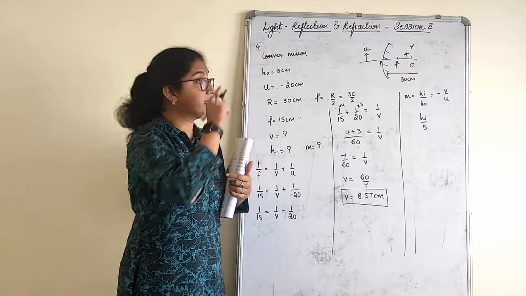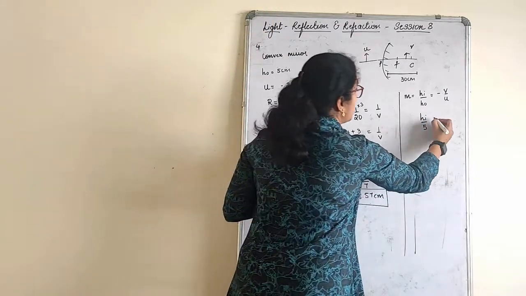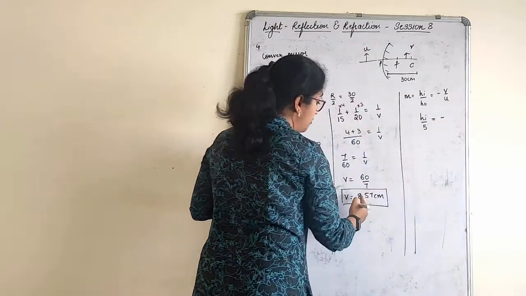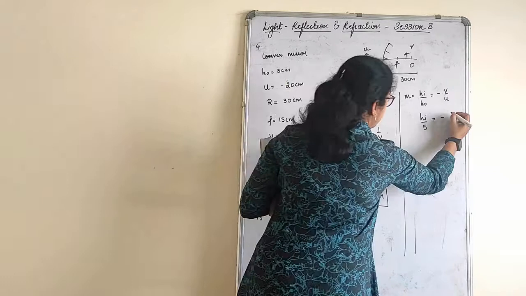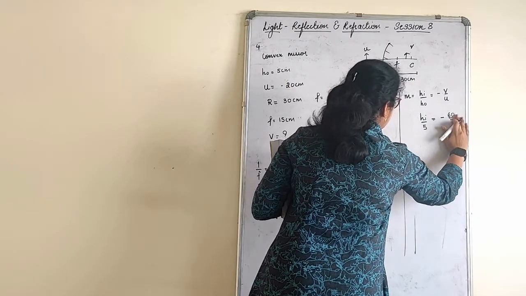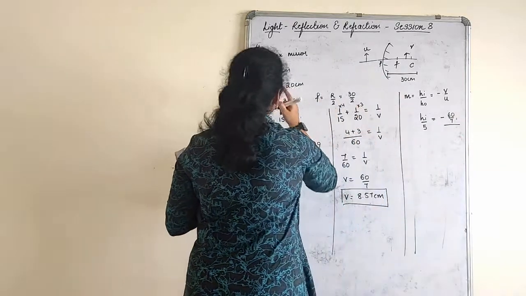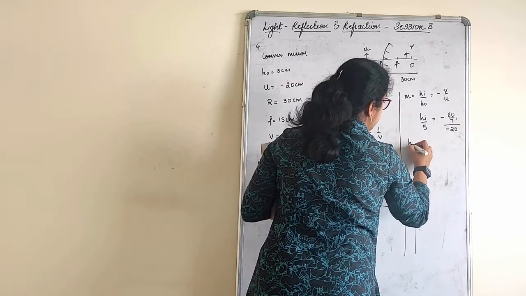It should be plus because it is on the upper side of the principal axis. Is equal to minus in the formula. I will not write 8.57, I will take that as 60 by 7 only. 60 by 7 divided by U, which is minus 20. Minus and minus will get cancelled.